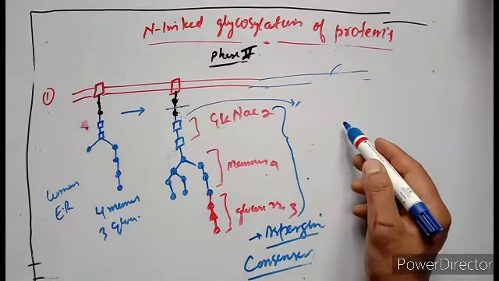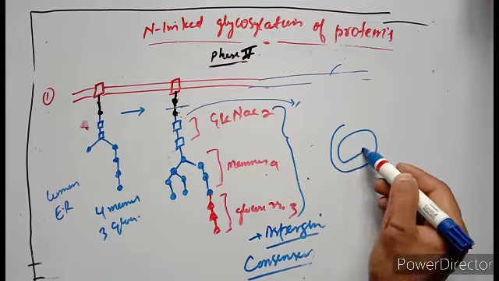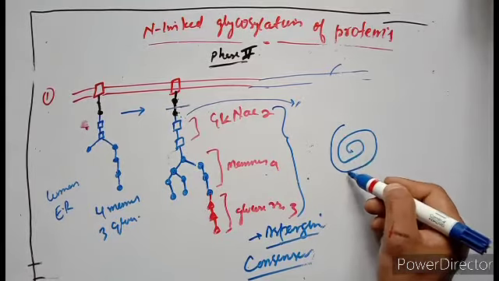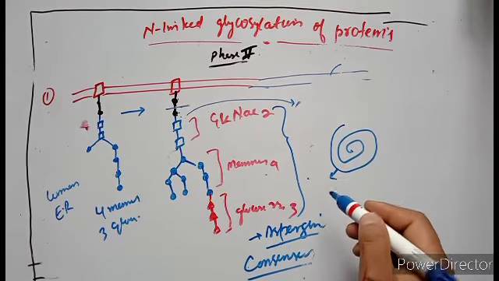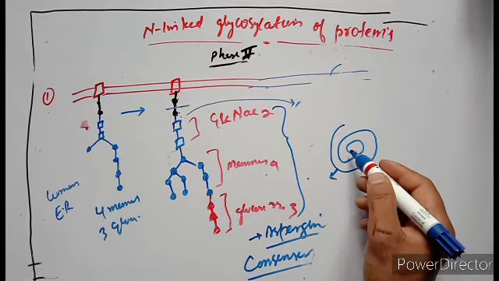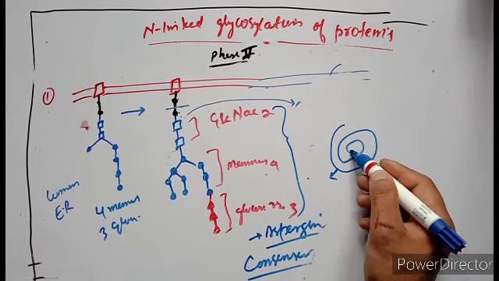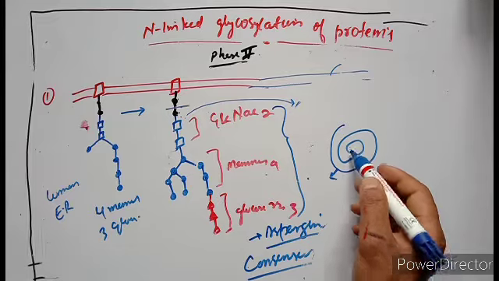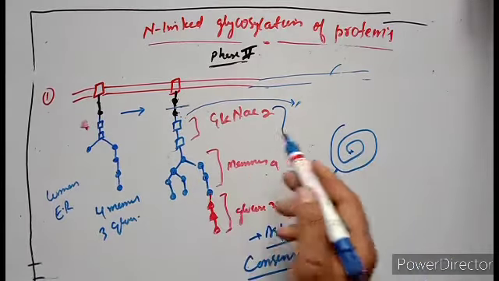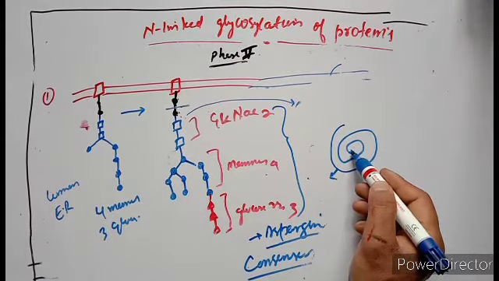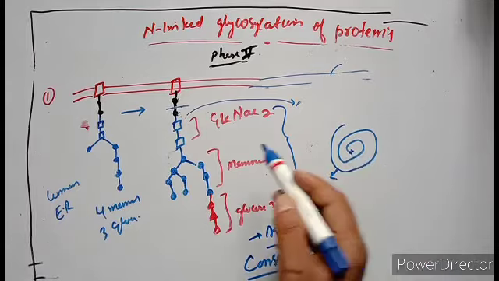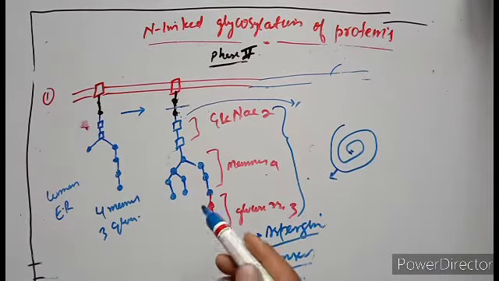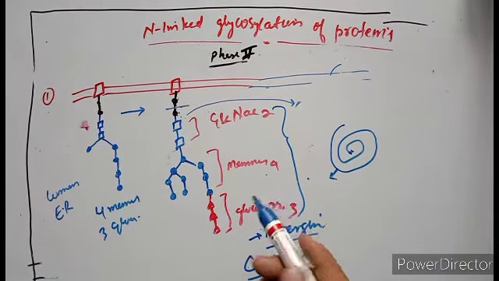So the asparagine residue should be present on the outer surface and not buried within the protein, because the glycan cannot be transferred to buried residues, since sugars are polar molecules.